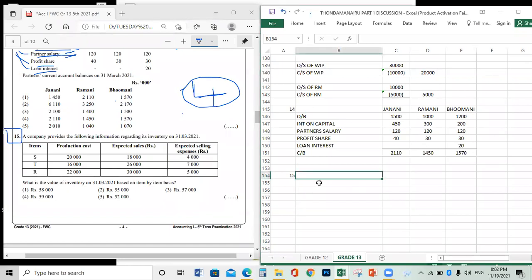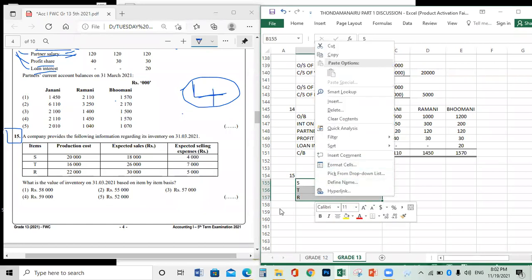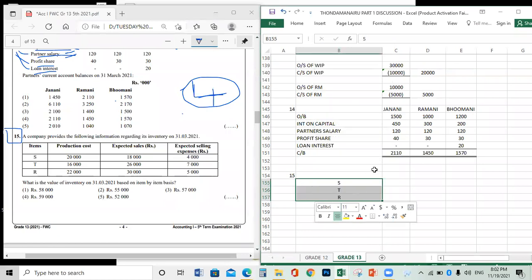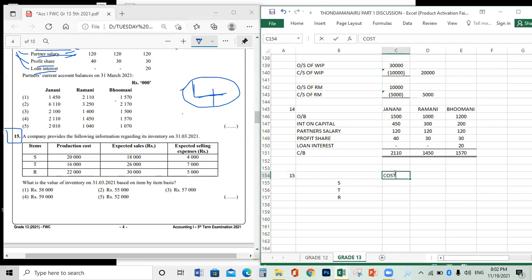So guys, there are three products, S, T, and R. In your exam, if they don't tell you item by item or grouping method, which method will you choose?